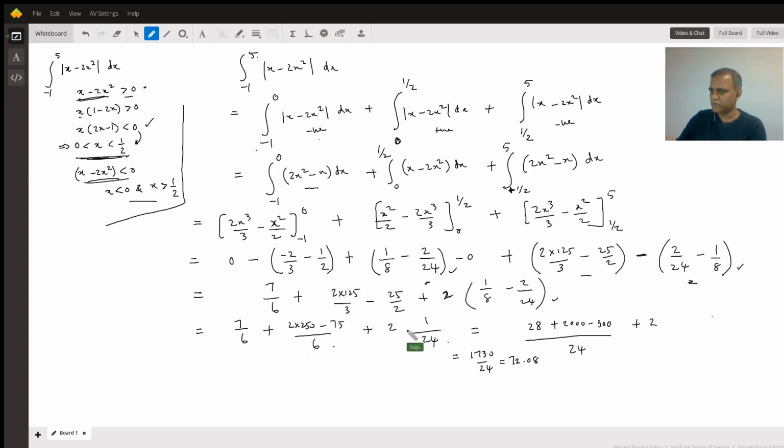Now adding these three terms together, let's take the common denominator 24. Okay, and then we get a value 1730 over 24, which is equal to 73.08. So that is the answer we are looking for.